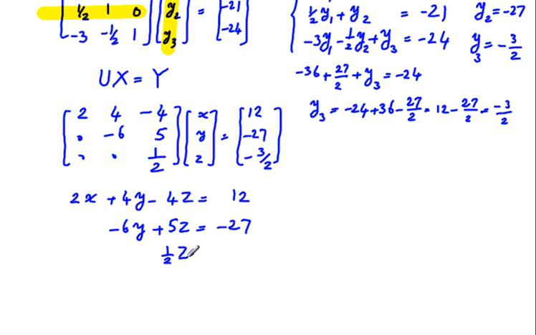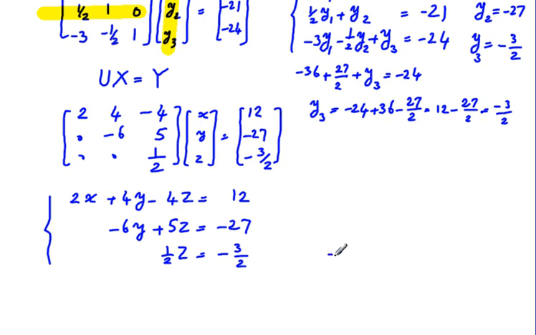And 1/2 of z is equal to minus 3 halves. Well, how do you solve this kind of an equation? It's just a back substitution. So the other one using L was forward elimination. This is backward substitution. Essentially the same thing. Again, you see it's a painless kind of activity.